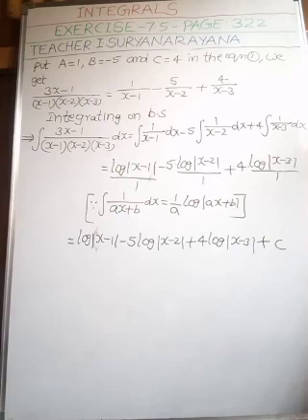Isn't it, my dear children? X plus 1 into x plus 2 are the factors of the denominator in question number 5. So you got 2 linear factors in the denominator. So accordingly, you write the partial fractions for this rational function. Do question number 5 and question number 2 yourself, and question number 4 also the same as this. Okay, my dear children. Right.